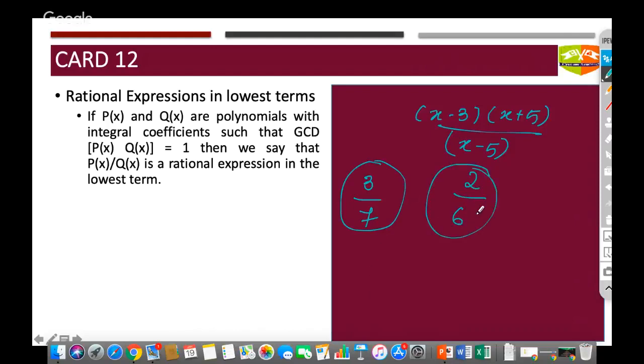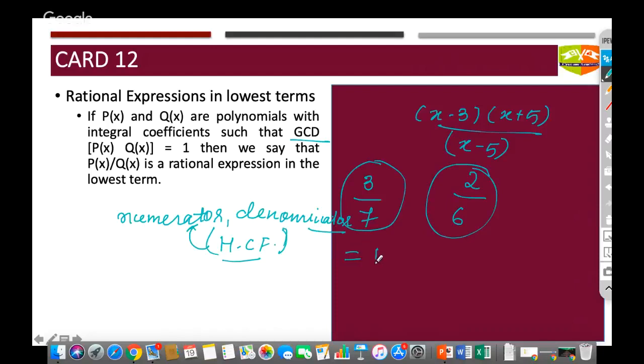What do we do to check whether any particular rational expression or rational number is in lowest form or not? So we take the numerator and we take the denominator, and we try to find out the HCF of numerator and denominator. The greatest common divisor, or HCF, of numerator and denominator should be 1.